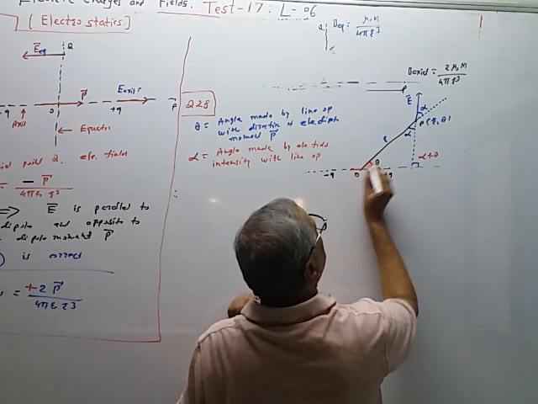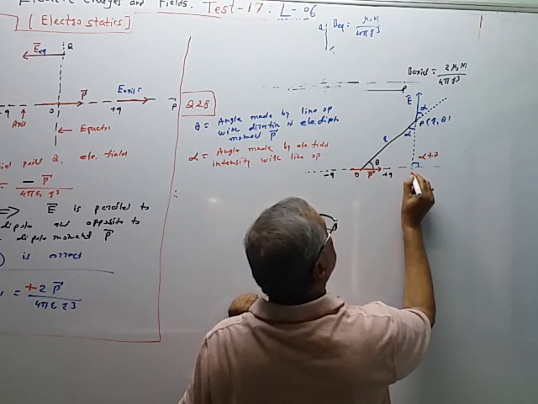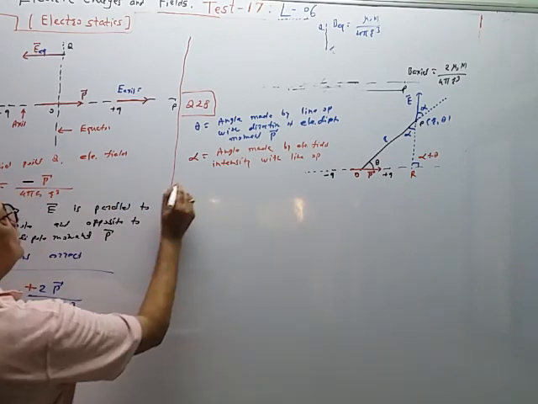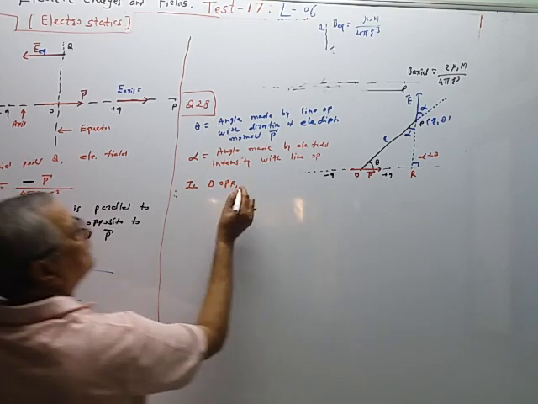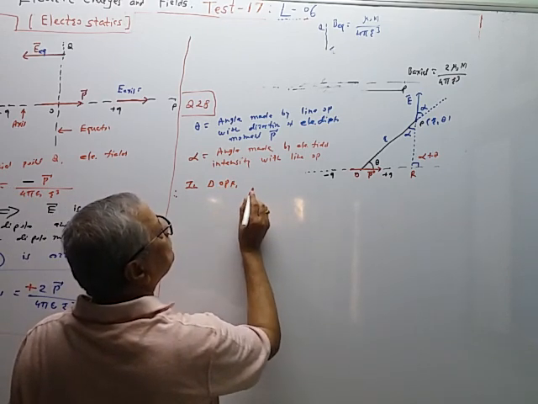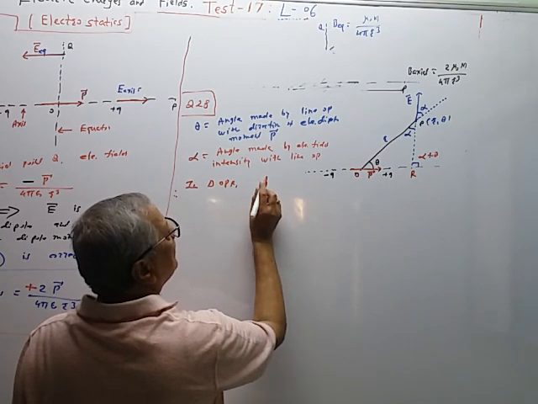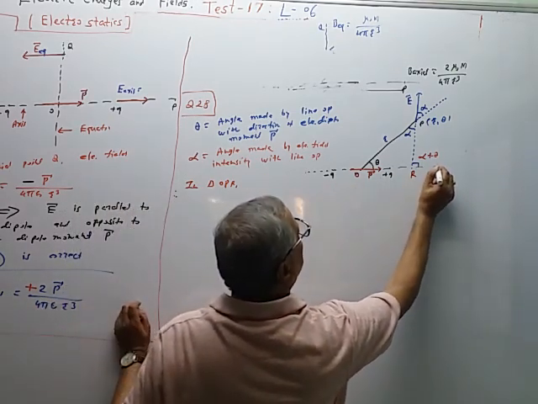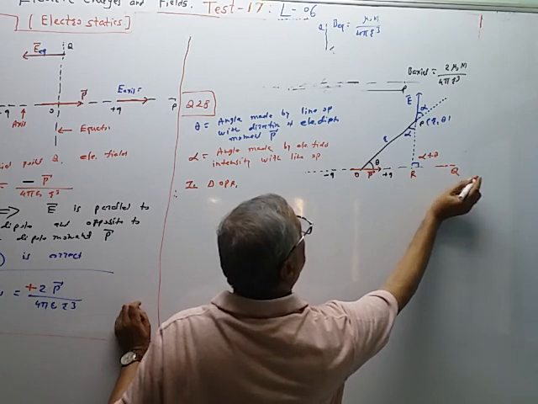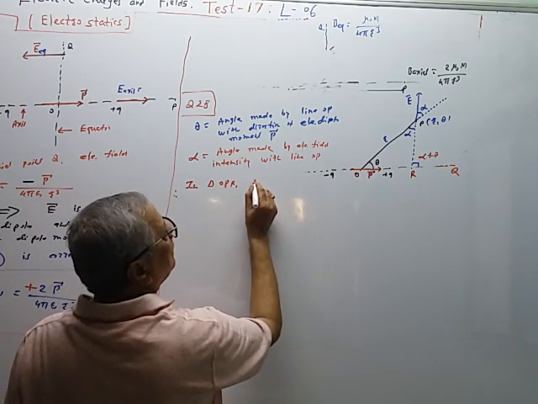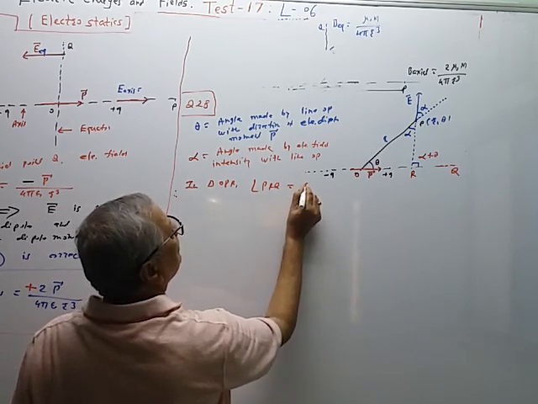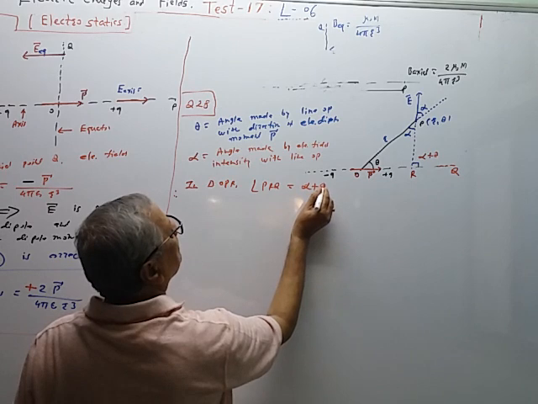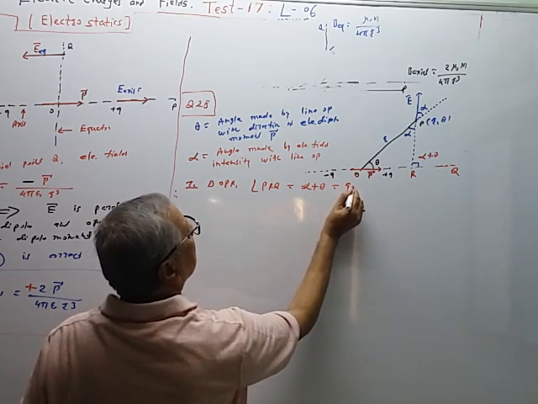So this is point O, this is point P, and this is point say R. So in triangle OPR, this point is say Q. Angle PRQ is equal to alpha plus theta is equal to 90 degrees.